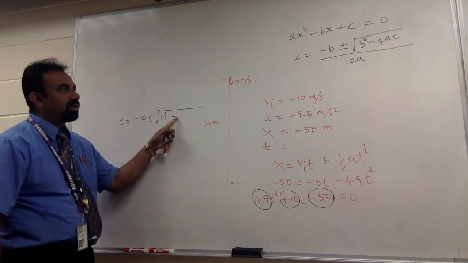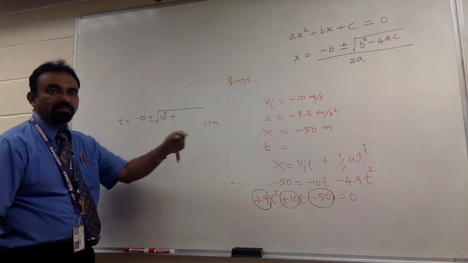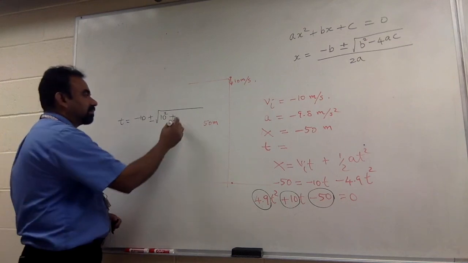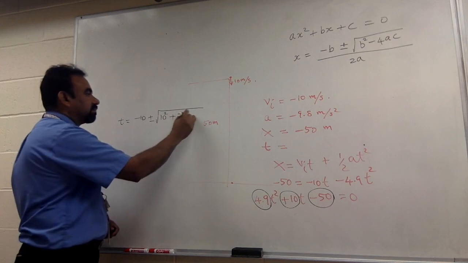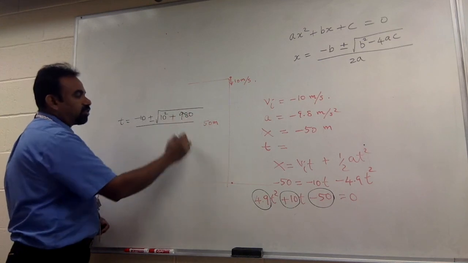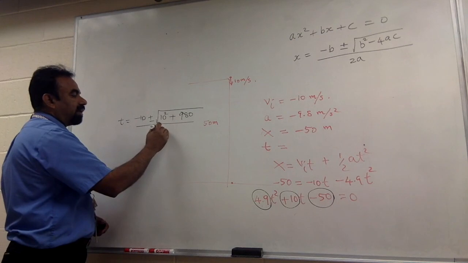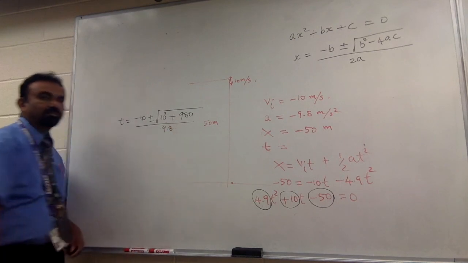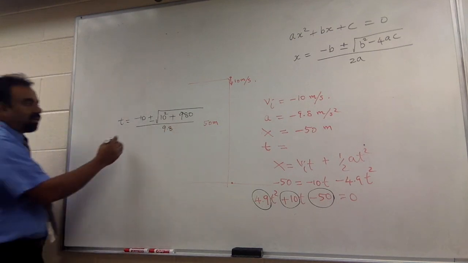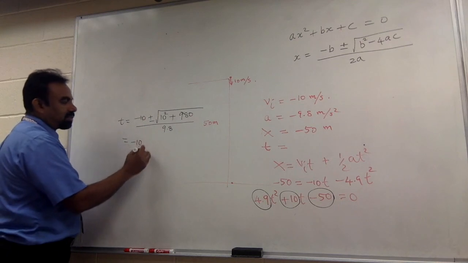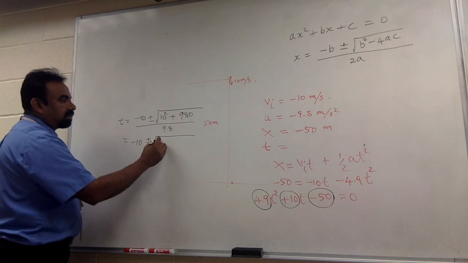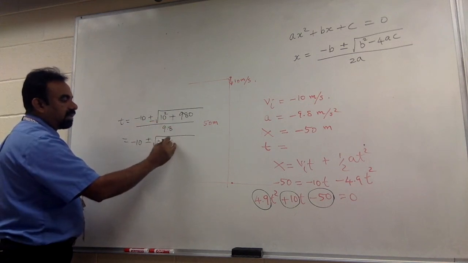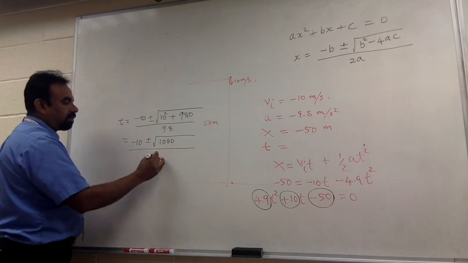So what is 4 times 4.9 times 50? 980. Divided by 2A, 2 times 4.9, which is 9.8. So we are almost ready to solve it. Now it is minus 10 plus or minus square root of 100 plus 980, so 1080, over 9.8.